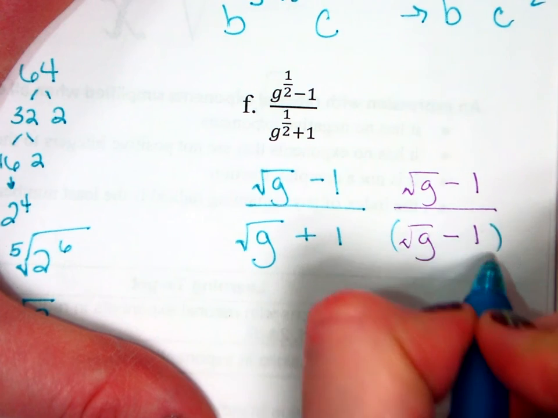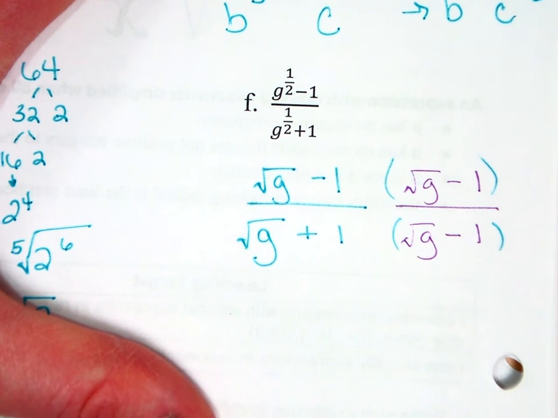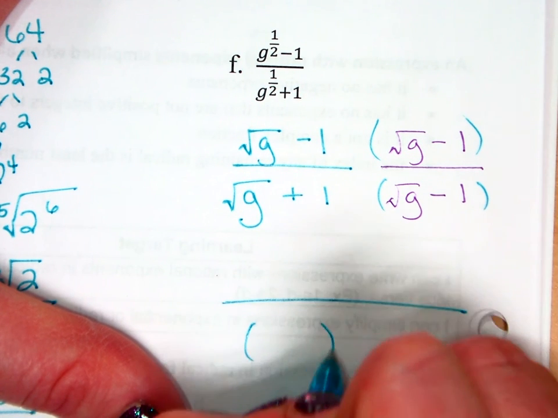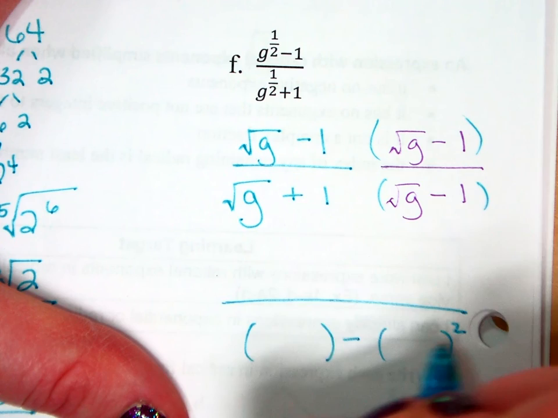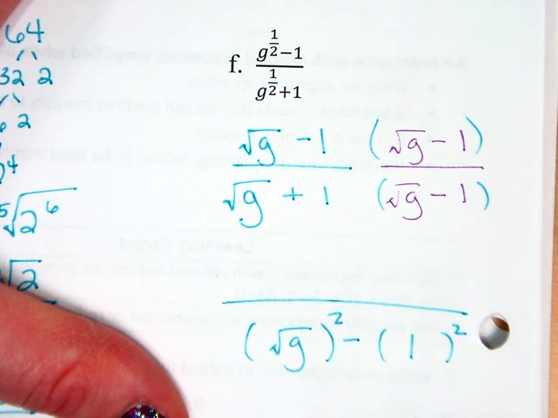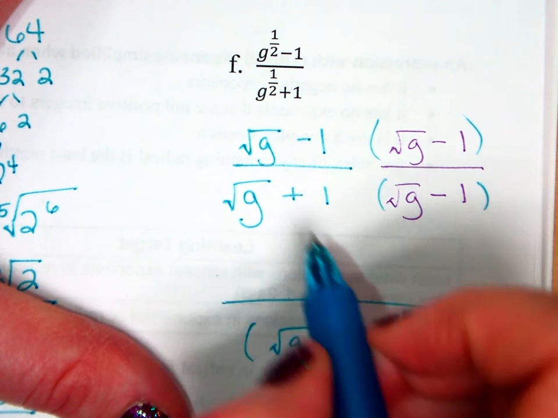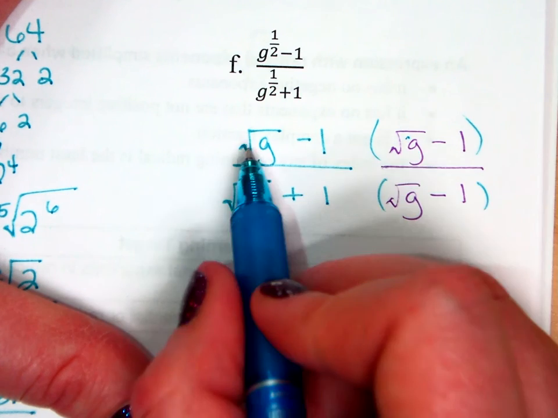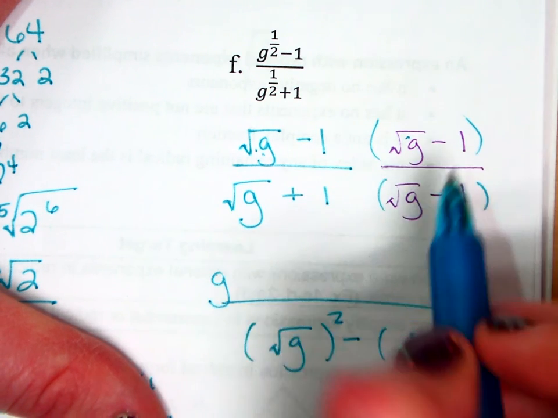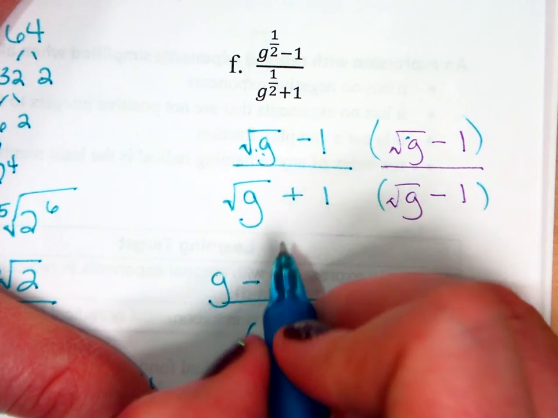Multiply these out. So on the bottom, square the first minus square the second. Square root of g squared is g, 1 squared is 1. So that gives me g minus 1 on the bottom. On the top, multiplying it through, square root of g times square root of g is g.